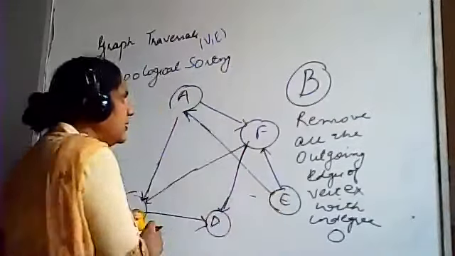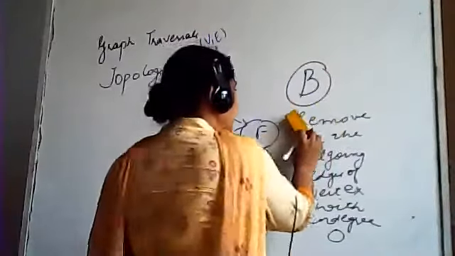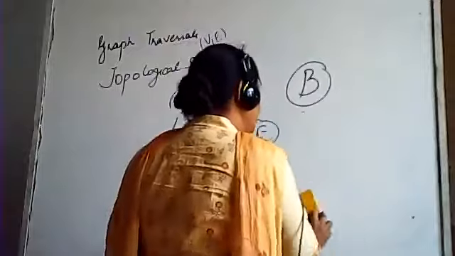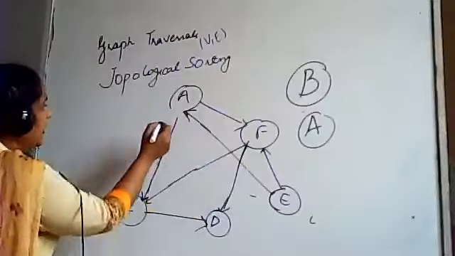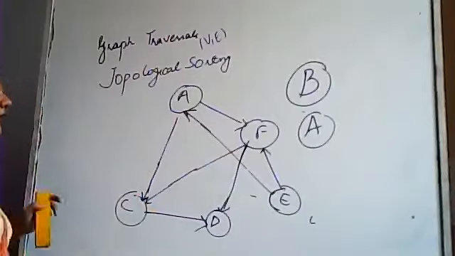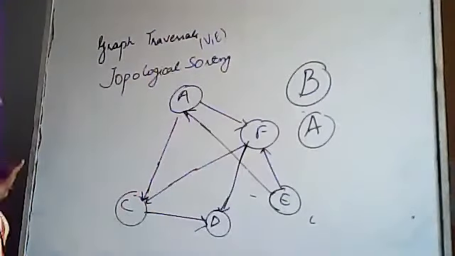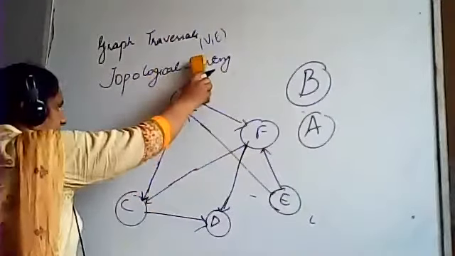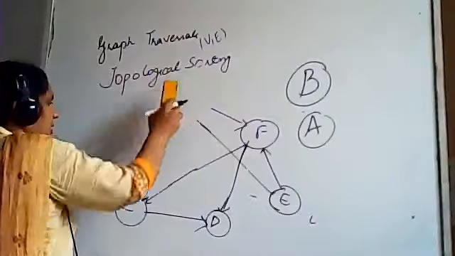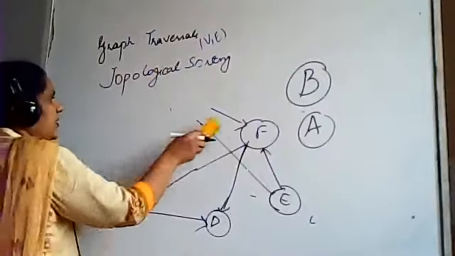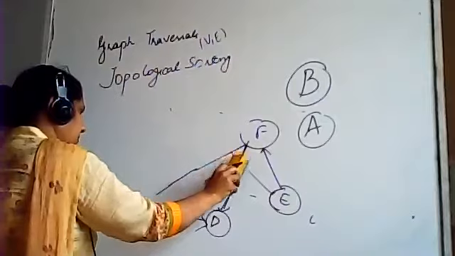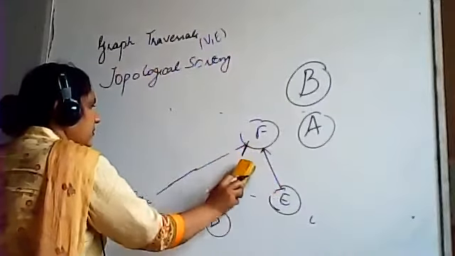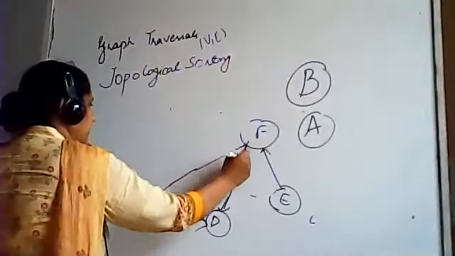Next, now A. So let's do A, because now A is not having any incoming edges. Now remove the outgoing edges. Remove A and its edges as well.